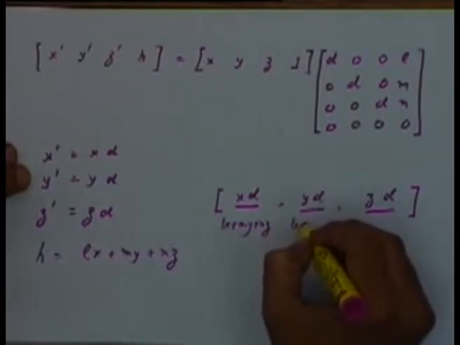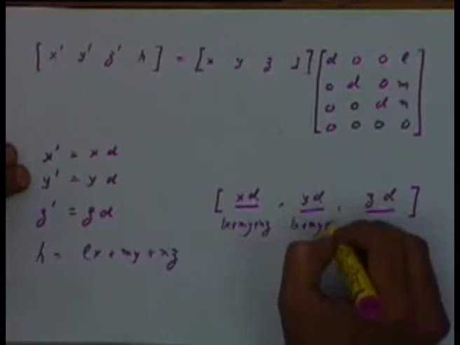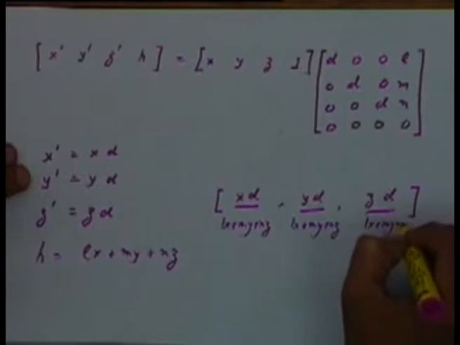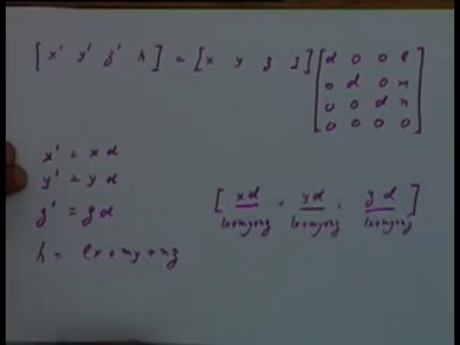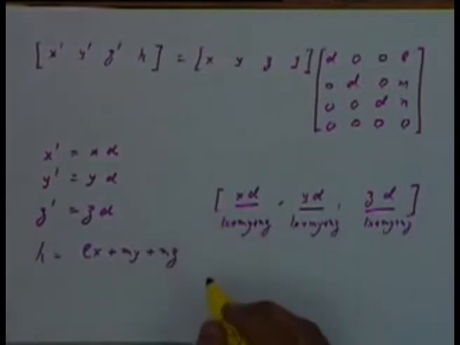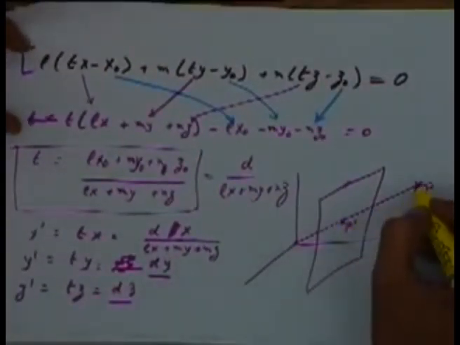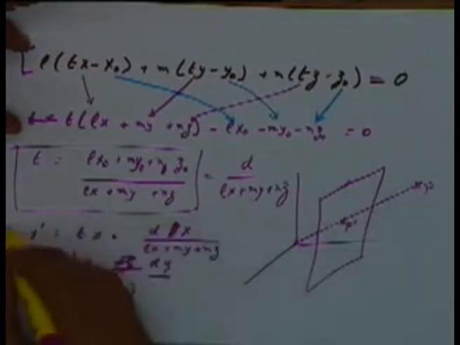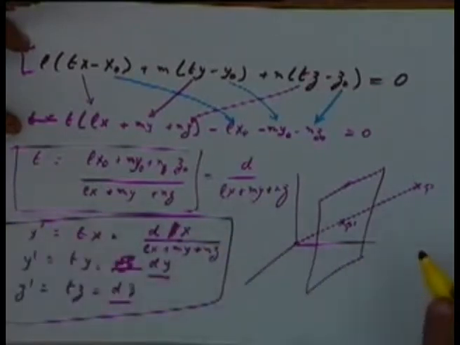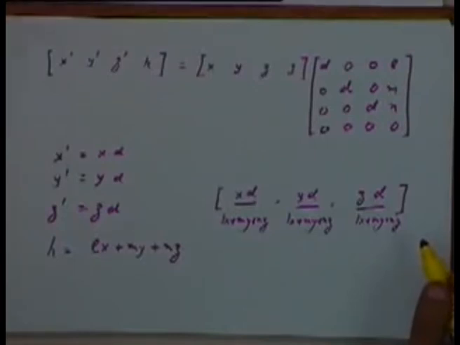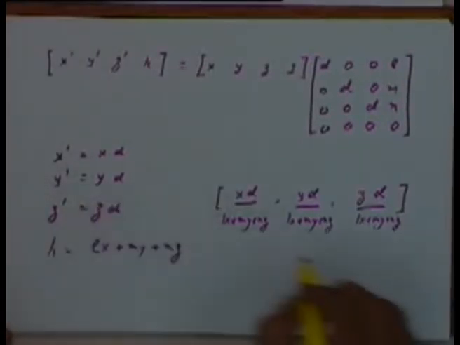Okay, similarly you get that here also. So this would be this point, which is the perspective projection of the point P. That is what we have got over here. Any questions on how we have got this perspective projection?